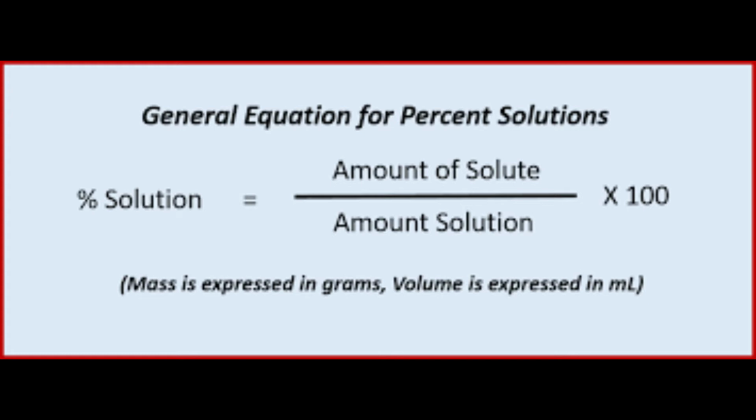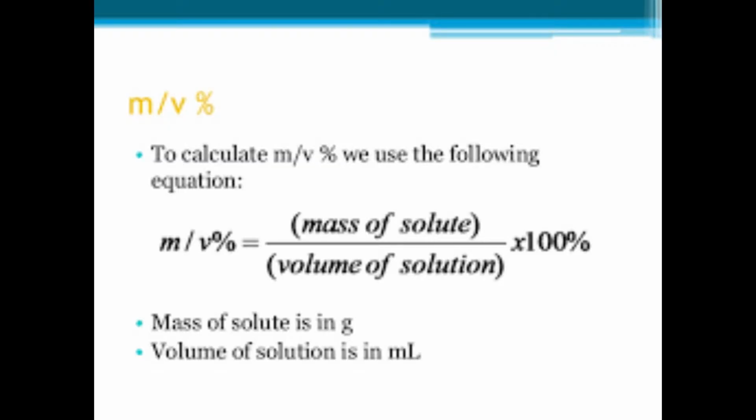Mass by volume: when you prepare a sugar solution, the amount of sugar dissolved in an amount of solvent. You can calculate the mass by volume percentage of a solution as mass of the solute by volume of the solution into 100.